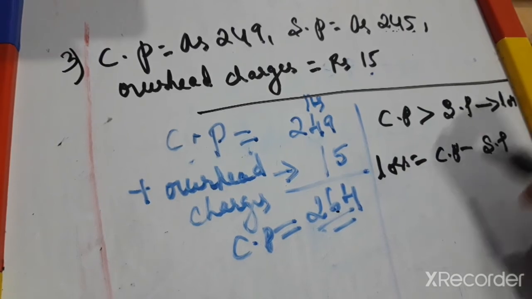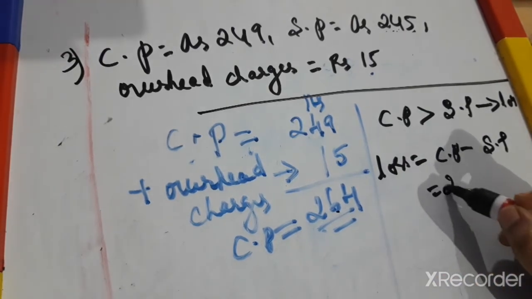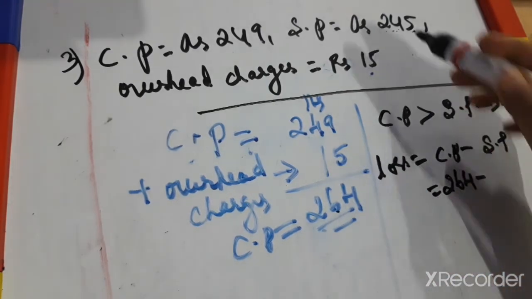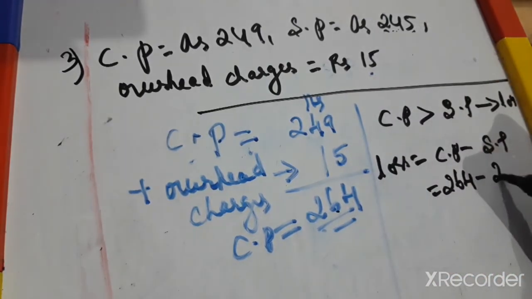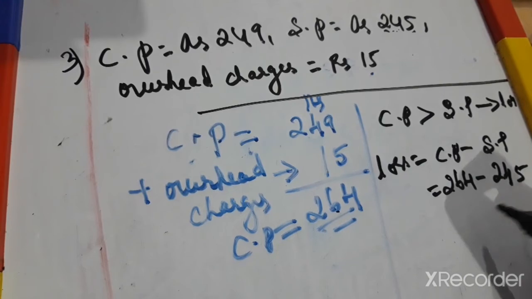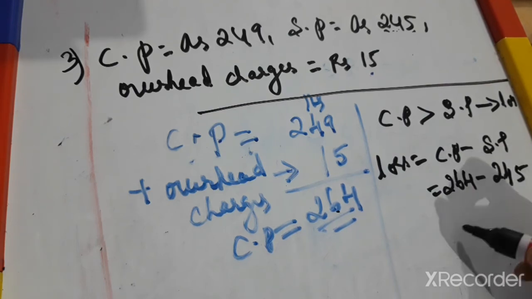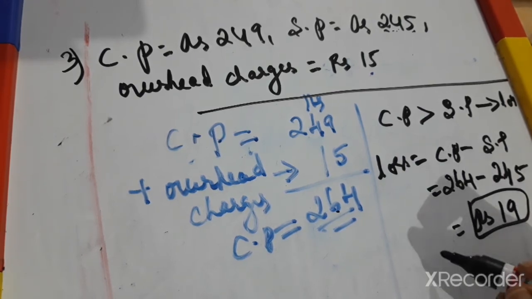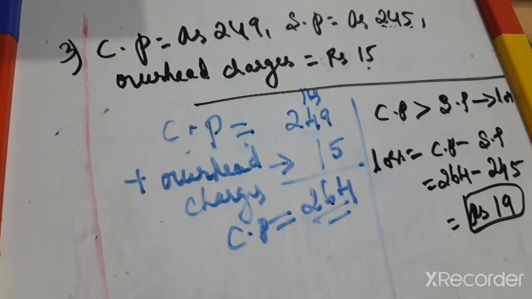So cost price 264 minus selling price 245. What is the answer? 264 minus 245 is rupees 19. Loss is rupees 19.